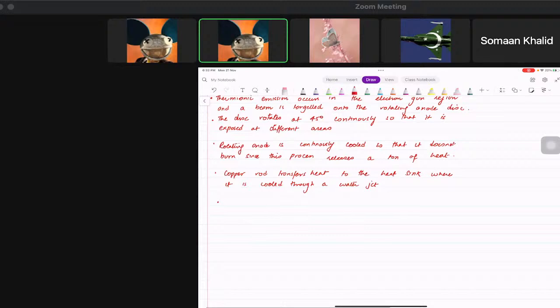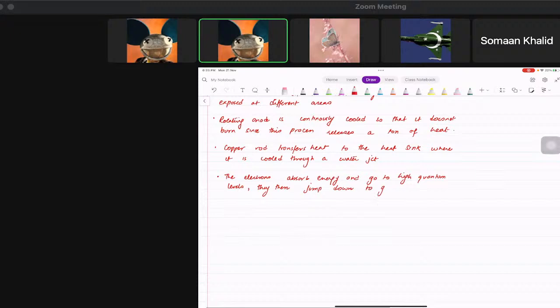Then the electrons absorb energy and go to high quantum levels. They then jump down to give X-ray photons.